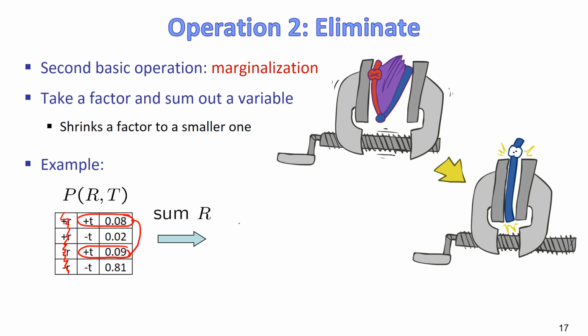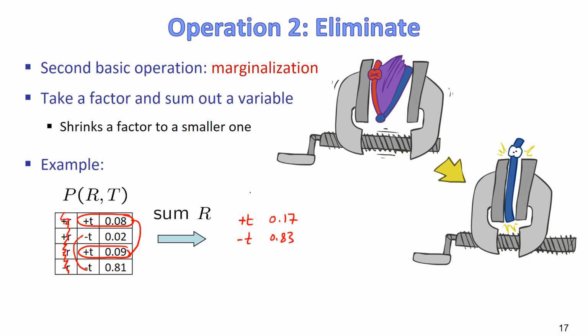So in the resulting table, we will have plus T, and here we will have this value plus this value, which is 0.17. And then we will sum out these two values because they have the common value. So minus T will get 0.02 and 0.81, which is 0.83.